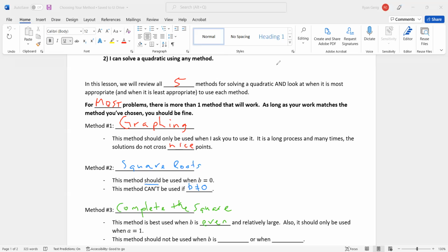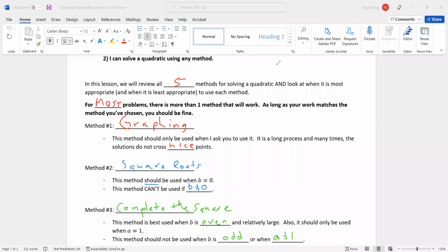So this method should not be used when b is odd or when a is something other than 1. Those kind of turn me away from completing the square, and I want to go a different route. You can do it with b being odd or when a is not 1. It's just not as nice.